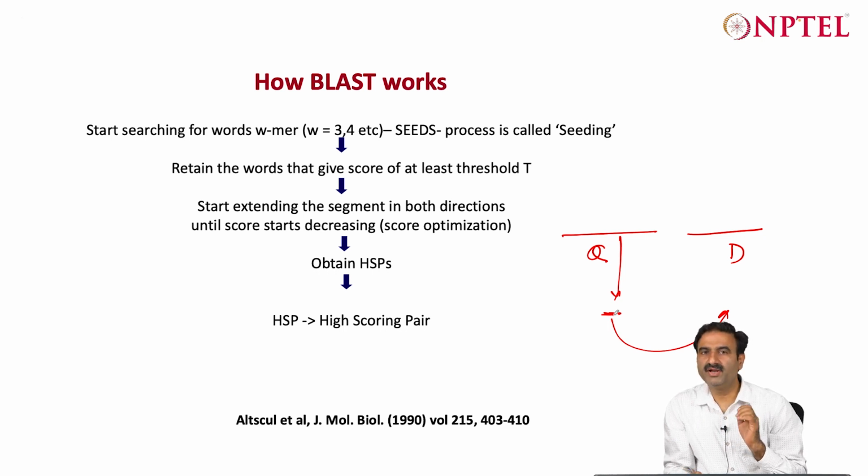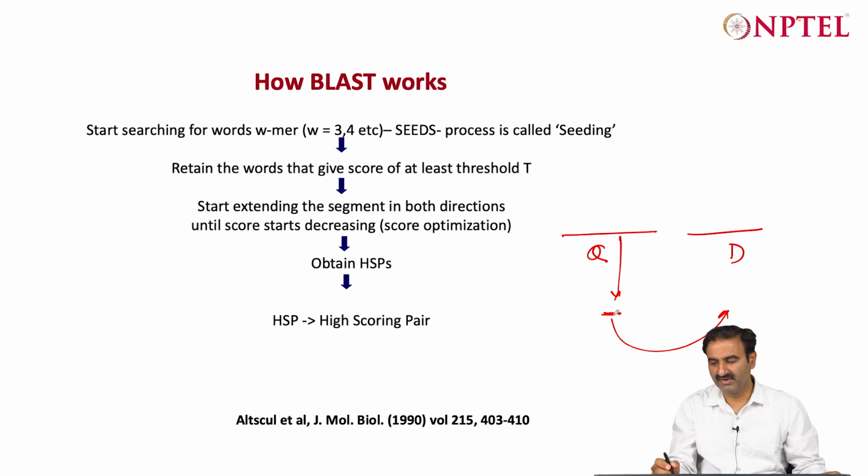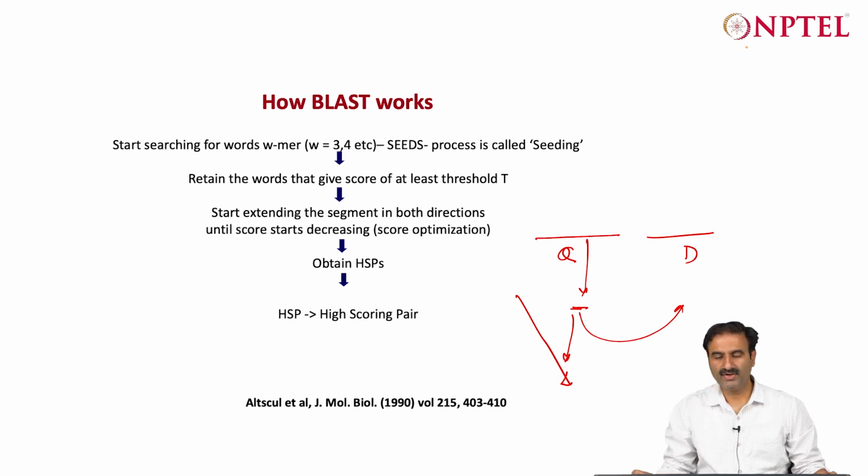So you may not find the exact match. That is why you create a library or list of words which are similar to the original word. So it is creating a library of similar words for each seed, and then trying to match that with the database protein.